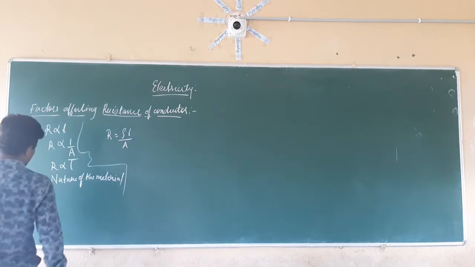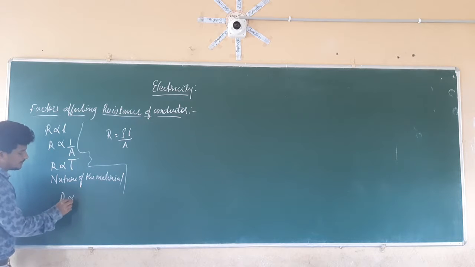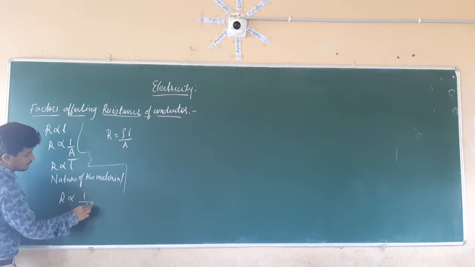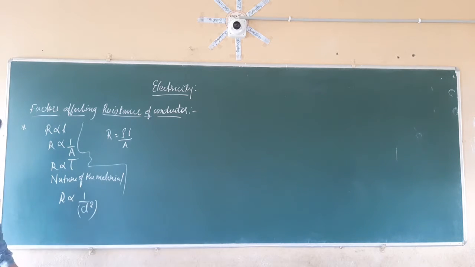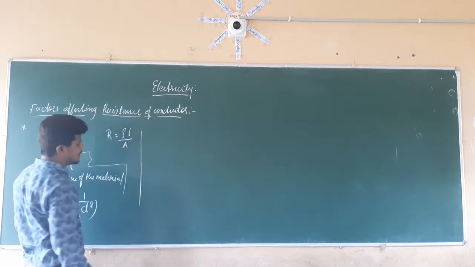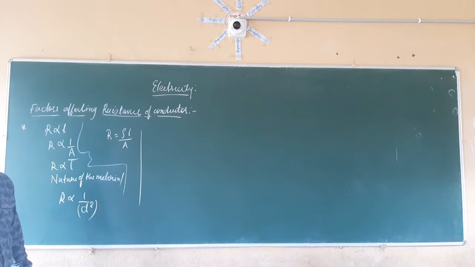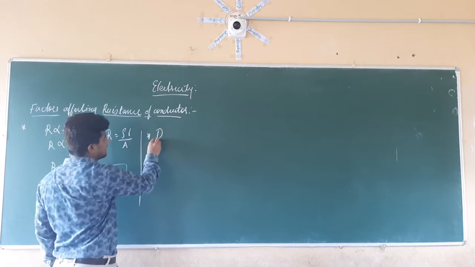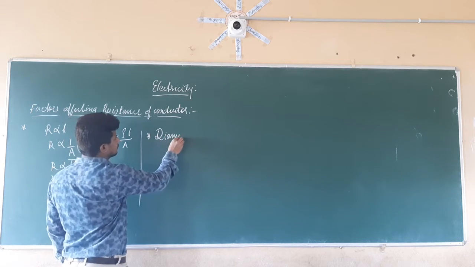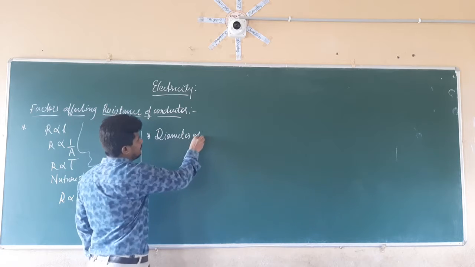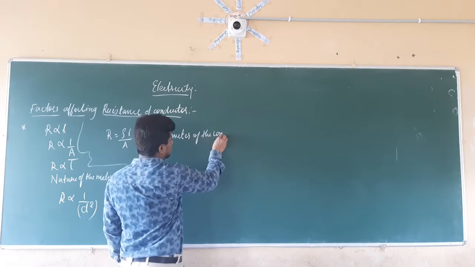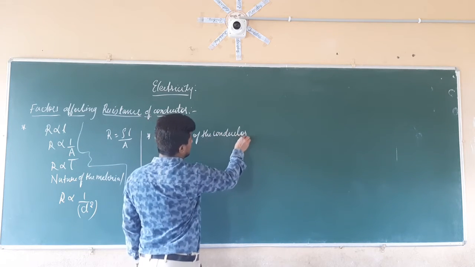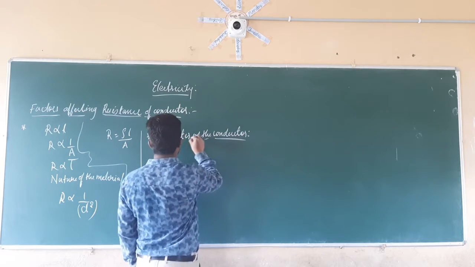That is nothing but R is inversely proportional to 1 by d square. That is nothing but the resistance of the conductor depends on the diameter of the conductor. So next point is the diameter of the conductor. How does it depend on the diameter of the conductor?